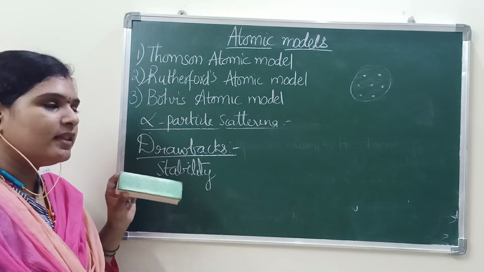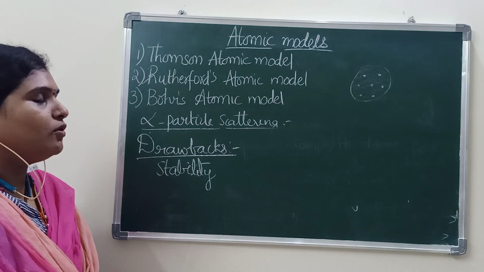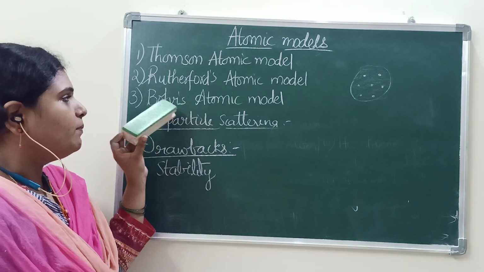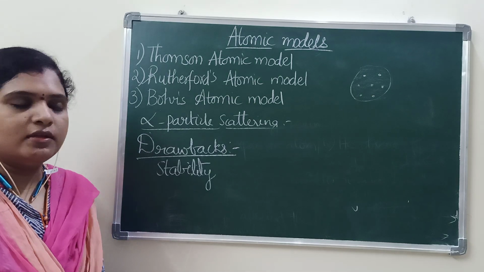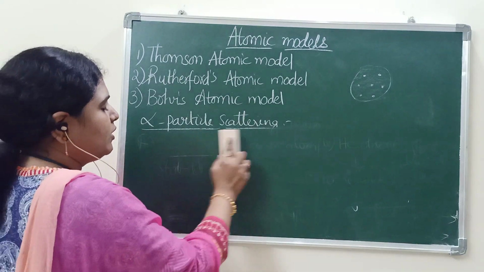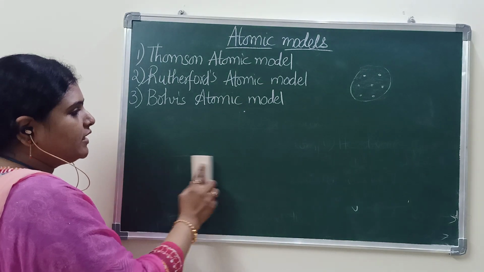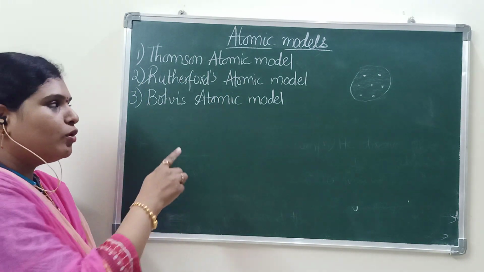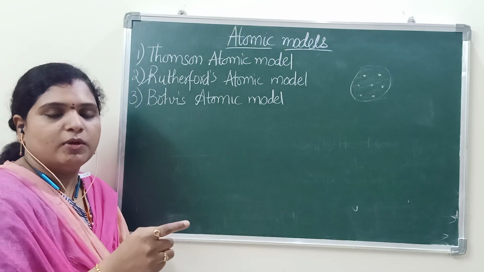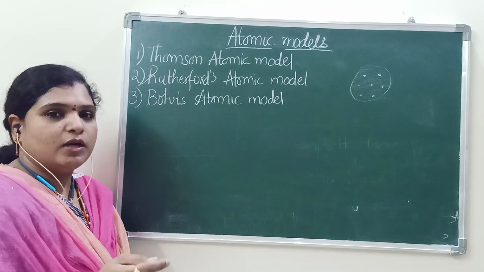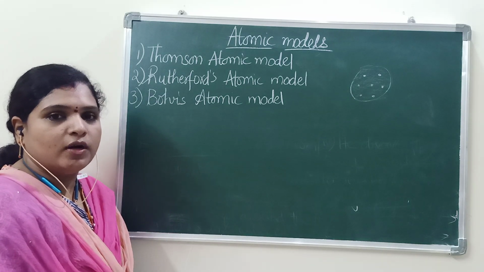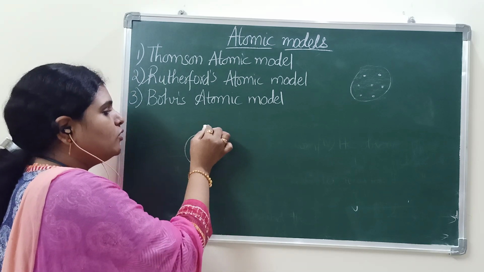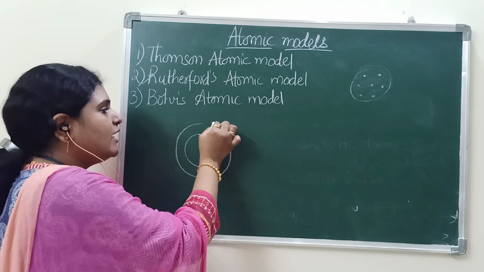To resolve the drawbacks of Rutherford's atomic model, another atomic model was proposed by Bohr, that is Bohr's atomic model. According to him, the electrons will revolve around the nucleus in discrete paths.